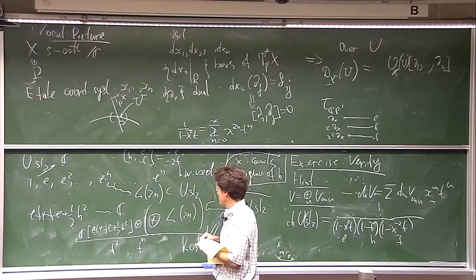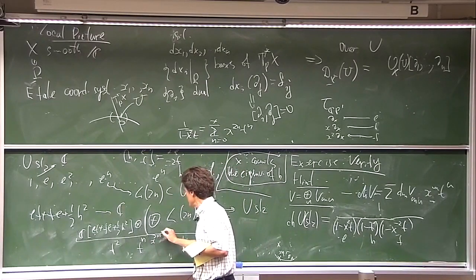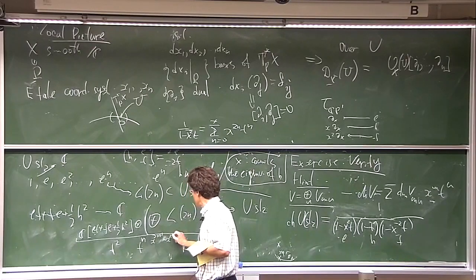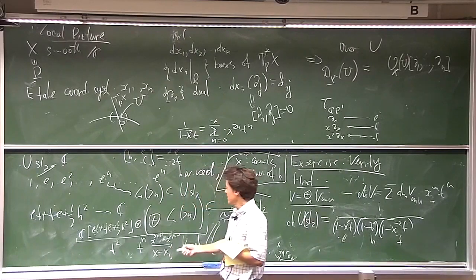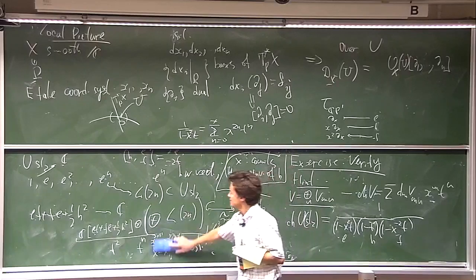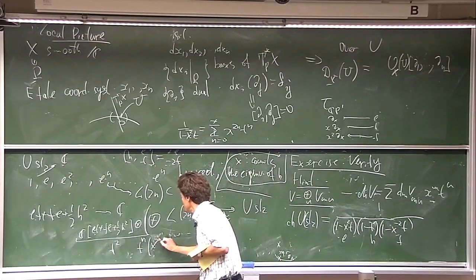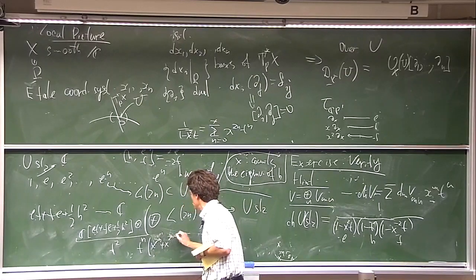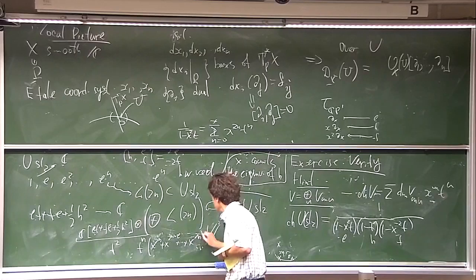So the character of this summand will be x to the 2n plus 1 minus x to the minus 2n minus 1, divided by x minus x inverse. It's written as a fraction, but I shouldn't. Let me expand this out. So x to the 2n plus x to the 2n minus 2 plus etc., down to x to the minus 2n.